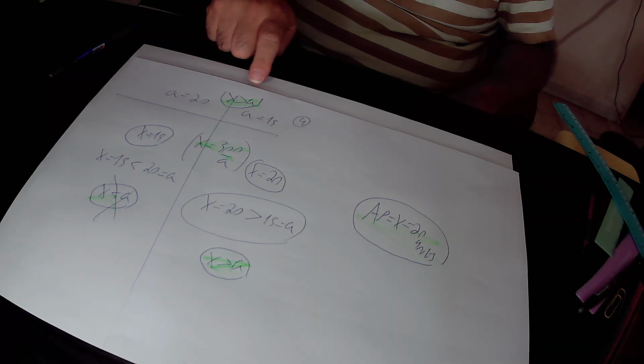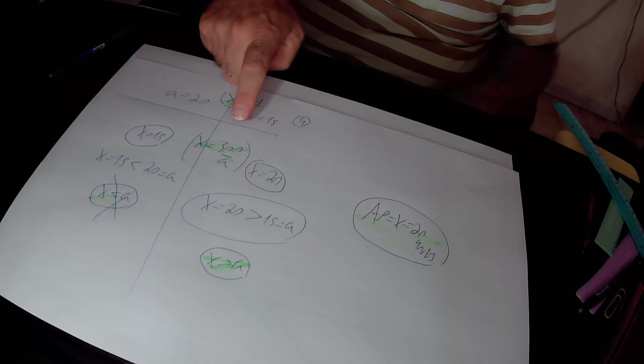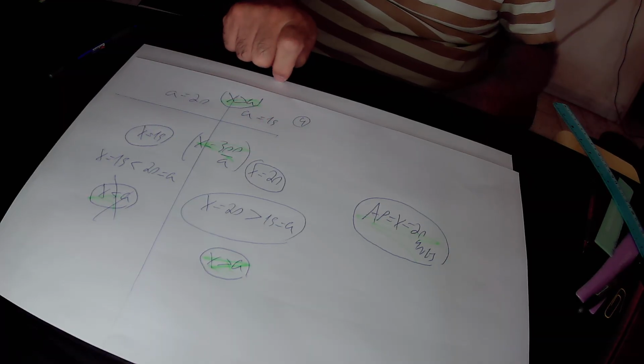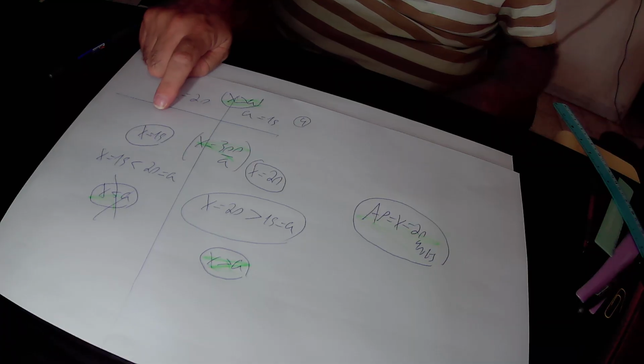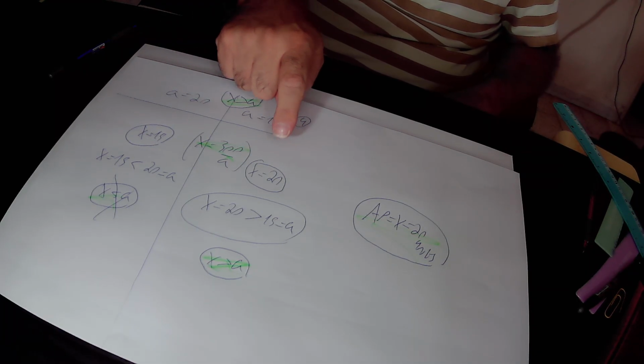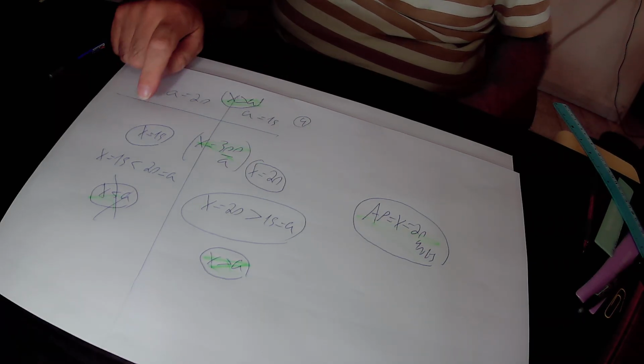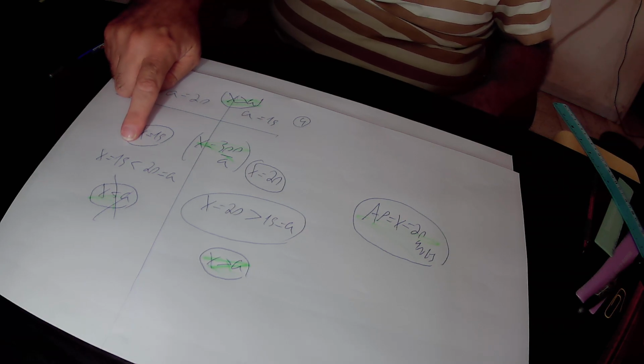Likewise, if A equals 15, then X equals 300 over 15, that is 20. So here X equals 15 and A equals 20, while here X equals 20 if A equals 15.